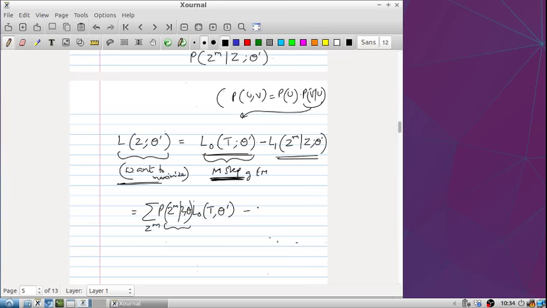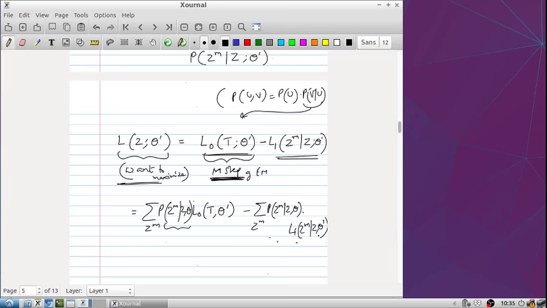And I take an expectation with respect to the second term too: sum over Zm of p of Zm given Z comma theta times L1 of Zm given Z comma theta prime. There are random variables involved in both terms. This involves Zm, and this also involves Zm and Z.